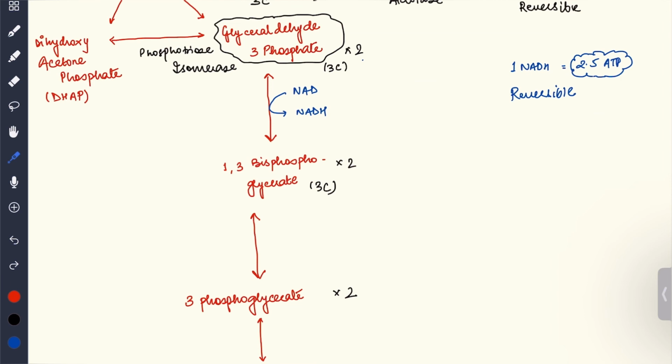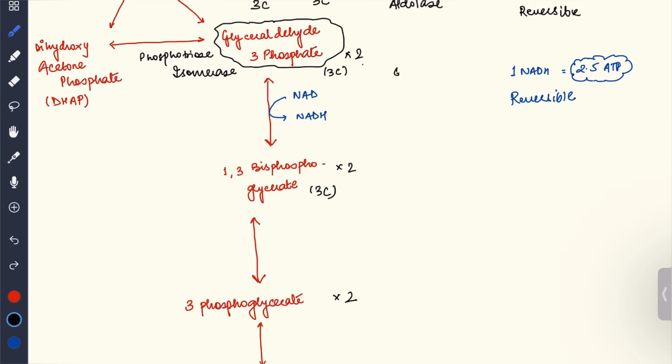Now, glyceraldehyde 3 phosphate will be converted into 1,3 bisphosphoglycerate, and the enzyme is glyceraldehyde 3 phosphate dehydrogenase. What is the enzyme? I didn't tell you. Glyceraldehyde 3 phosphate dehydrogenase.